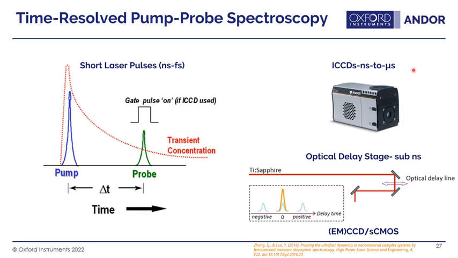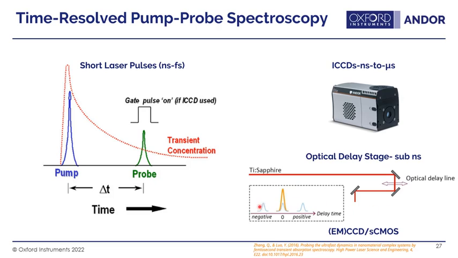If delta t is on the order of nanoseconds to microseconds, then ICCDs can be used, and we'll describe how they work in the next slide. If delta t is smaller than nanoseconds, then optical delay stages are used to get time resolution. What they are is a pair of mirrors on a translation stage, such that you can vary the relative distance that the pump pulse and the probe pulse take to reach the sample.